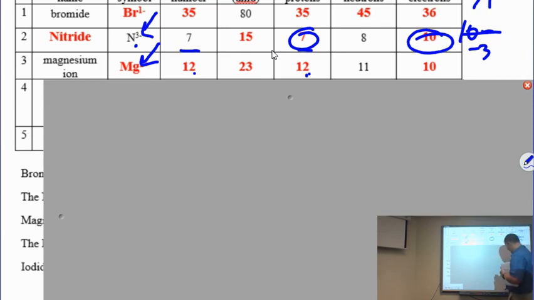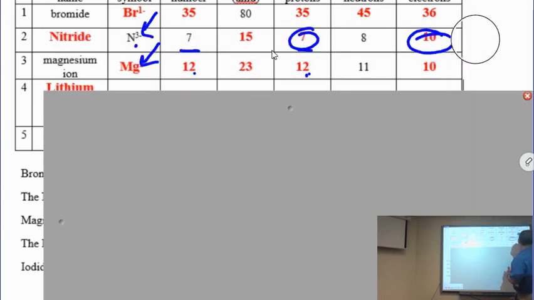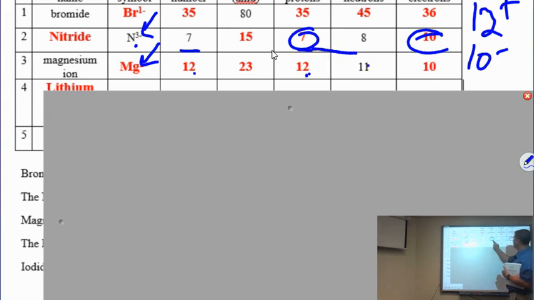So it's got a 12 positive because of the protons, and it's got to have 2 positive overall. It must have 10 negative charges or 10 electrons. We add up the neutrons and the protons together, and that's how we get the mass number.